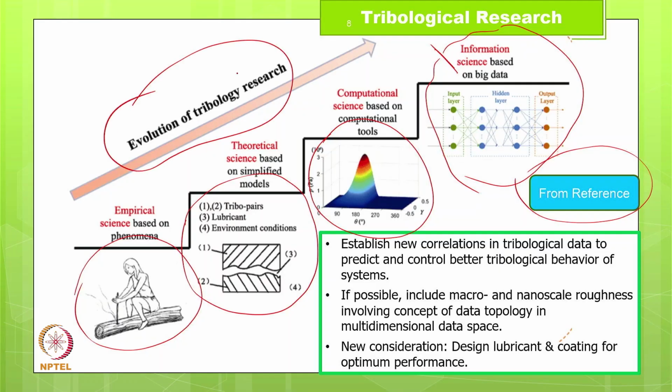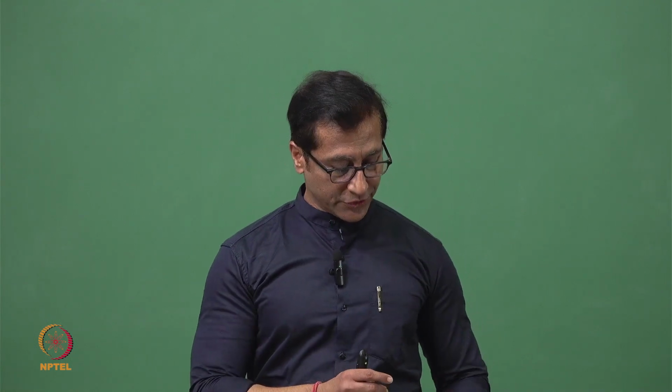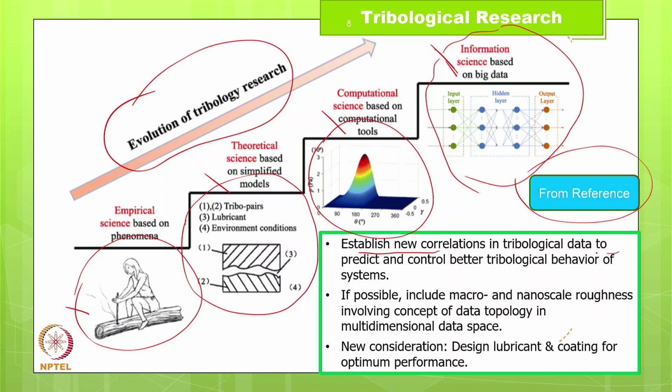So I like this diagram, and I picked it up. We started from empirical, then scientific, then computational, now information based. That's what we really require. So what we can say here is: establish new correlations. Quite possibly, whatever data and relations we are learning, we can establish new relations and new correlations also, in tribological data, to predict and control better tribological behavior of the system.